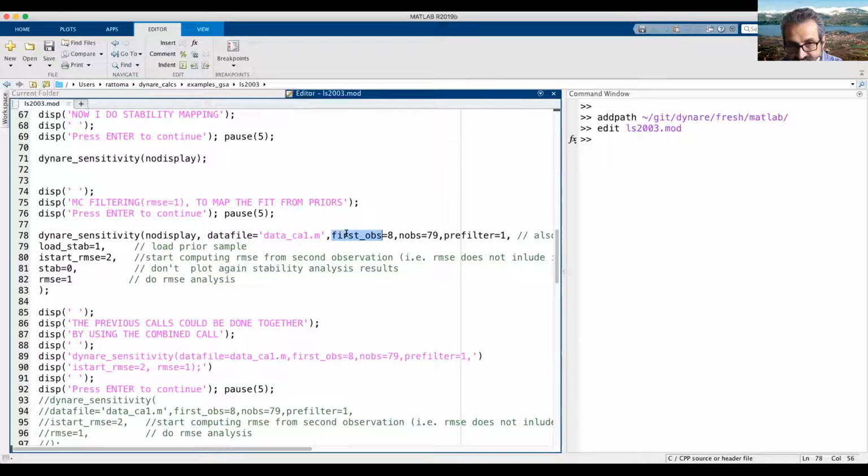You need to declare first obs and obs per filter. So all these things that you need to do for estimation, as for example Johannes has very clearly explained to you. And then, since you did already sensitivity, you can just load the previous sample. You don't do again the stability mapping because you did it already before. You do RMSE equal to 1.